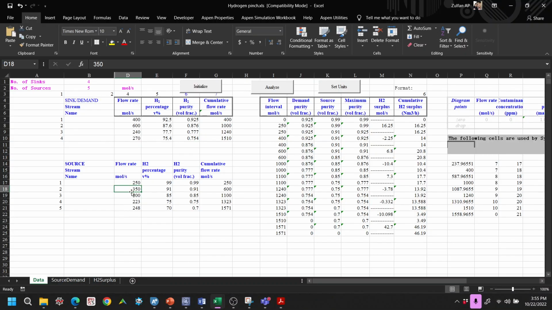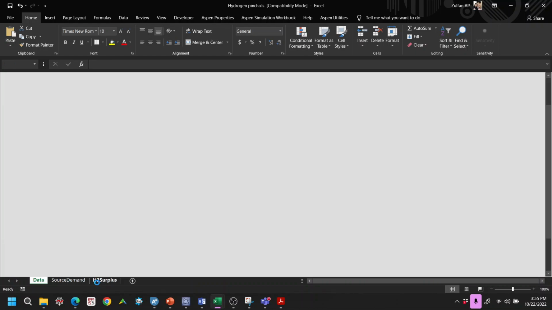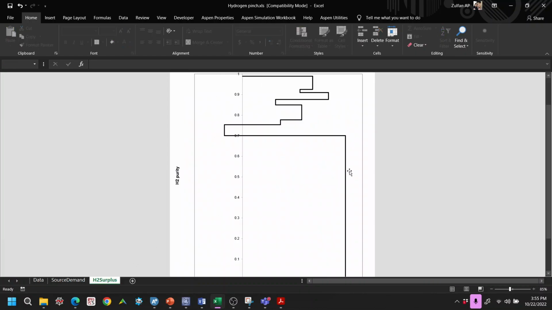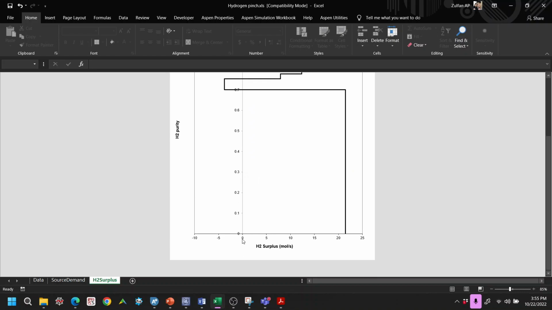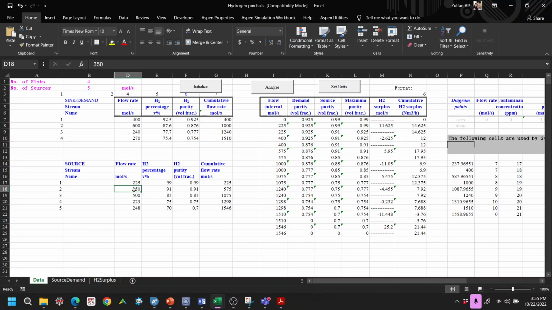And if you put, okay, now I don't know, maybe 225, then in this case you have something like that. So this part goes to the left of x equals 0. So this is not feasible. This is not okay, because apparently we will need more hydrogen than 225.